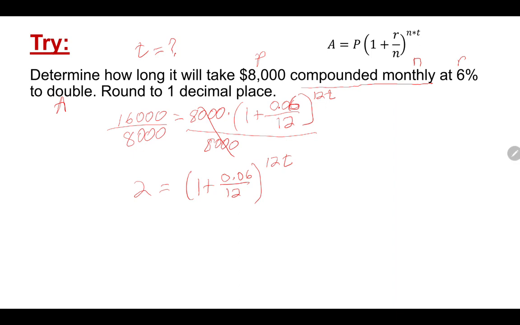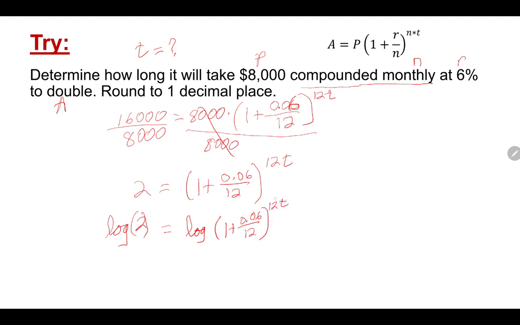I'm just going to go ahead and take a log this time. I've been taking ln just because it's less to write, but I'll go ahead and do log. So log of 2 on this side is equal to the log of 1 plus 0.06 over 12, raised to the 12t.